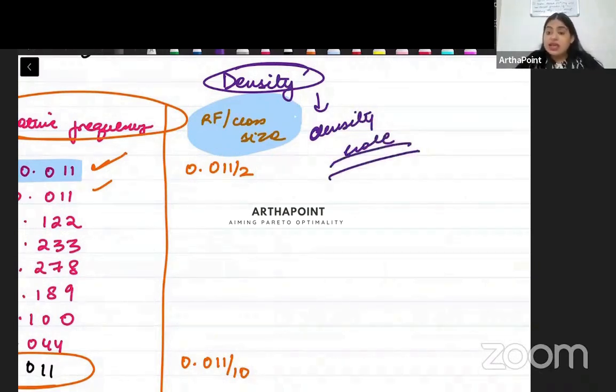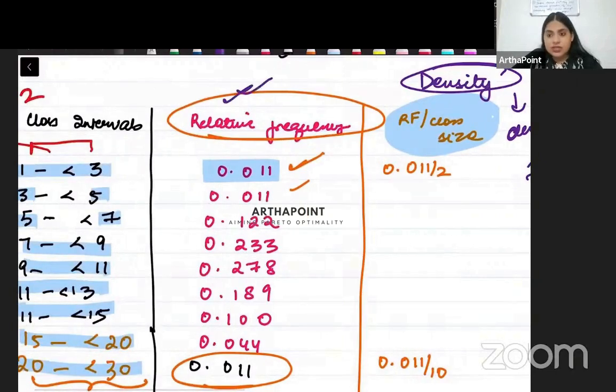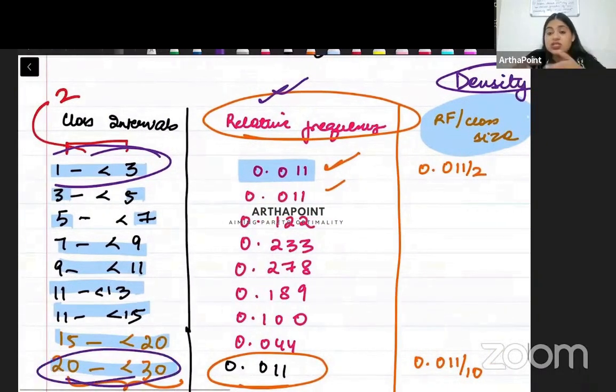Density important इसलिए है because the class intervals are not equal. So if the class intervals are not equal, I cannot directly plot this relative frequency. कोई तो सिर्फ 2 data points के across spread है and something is spread across 10 data points. So it is not possible to go ahead and to directly plot these.